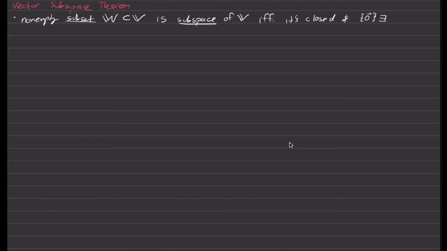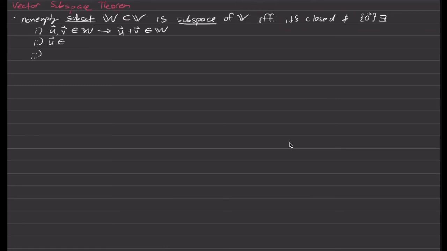And so the three tests that we're going to use for that: we want to check that if u and v are both vectors in W, their sum, u plus v, is also in W. So that's closure under addition.